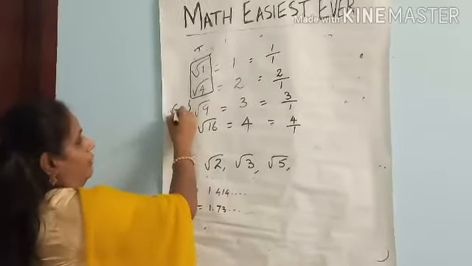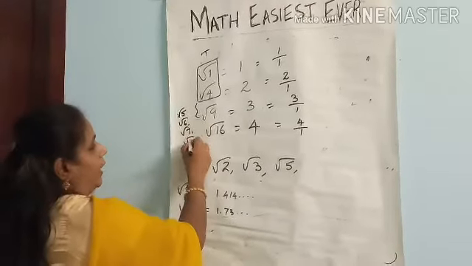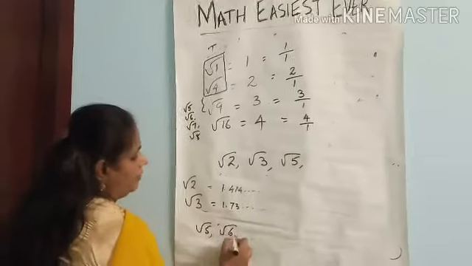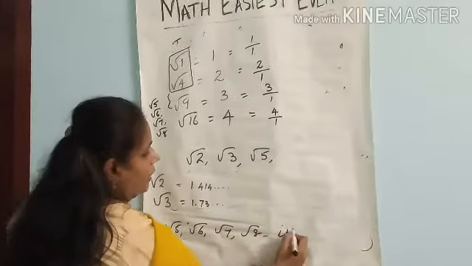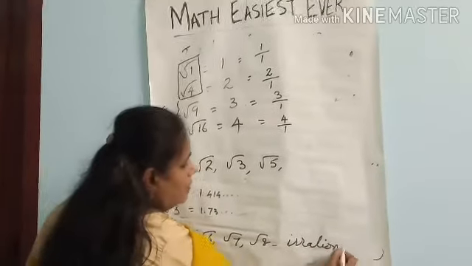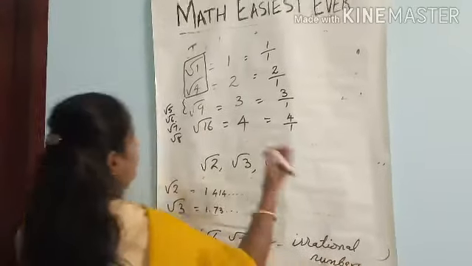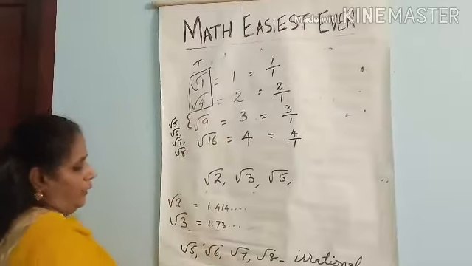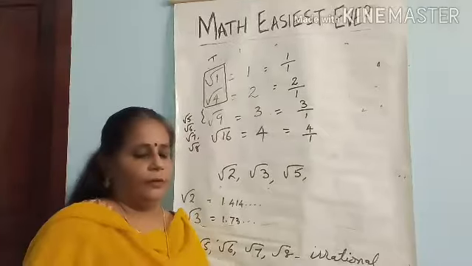Then after root 4, what will come? Root 5, root 6, root 7, root 8 are irrational numbers. Now, what comes in between root 9 and root 16? Root 10, root 11, root 12, root 13, root 14, root 15.